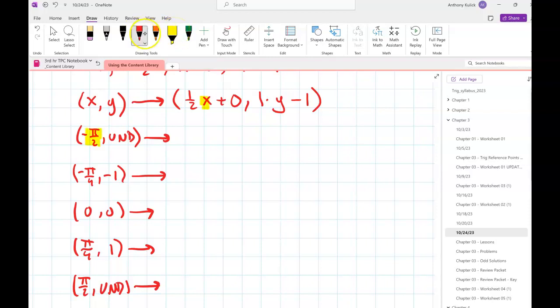So when I plug -pi over 2 in for x, what do we get? I have 1/2 times -pi over 2. When we multiply fractions, we multiply tops together and bottoms together. So 1 times pi is pi, and 2 times 2 is 4, so this should be -pi over 4 plus 0, which is just -pi over 4.